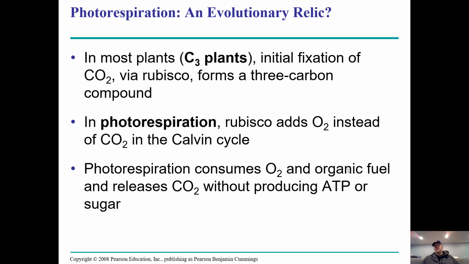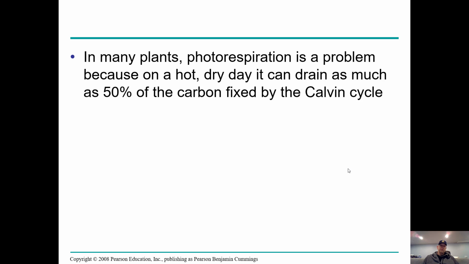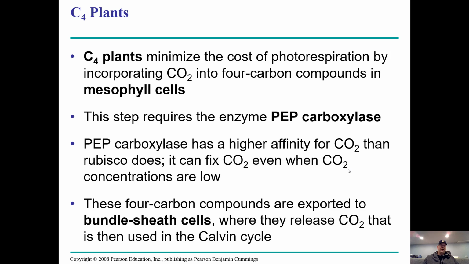You can separate the carbon fixation and everything else in space and in time. In some plants, almost 50% of the carbon fixed by the Calvin cycle can get drained. So the plant doesn't really want to do it. That is photorespiration.